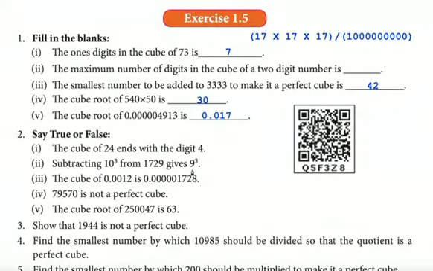Right. So the cube of 0.012 is this. Oh, sorry. 2 2 is 4, 4 2 is 8. Yeah, 8 is the last digit. I agree. Yes, 12 cube is 1728.